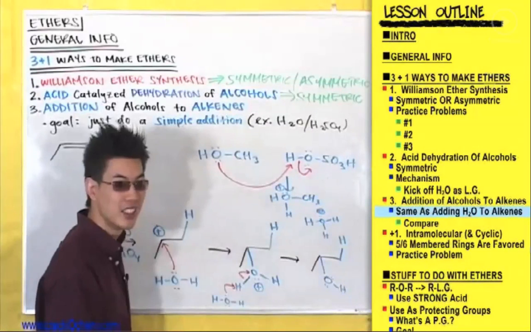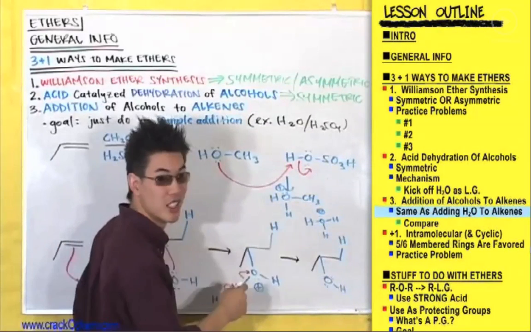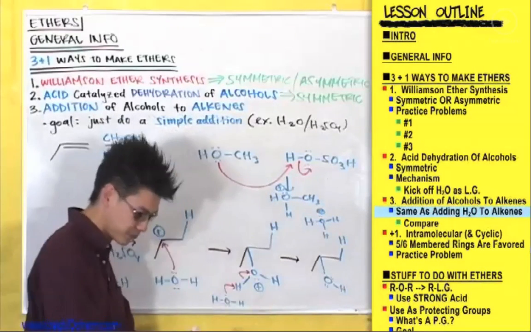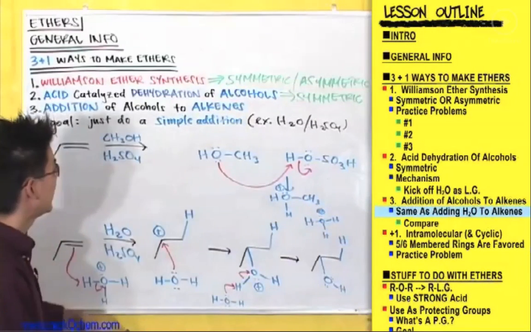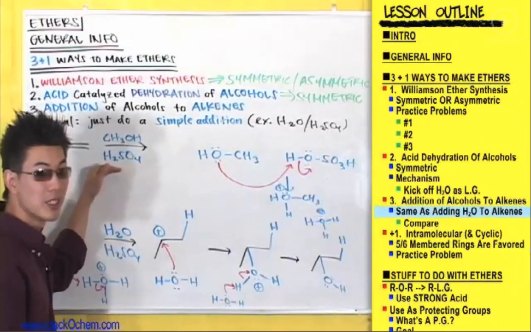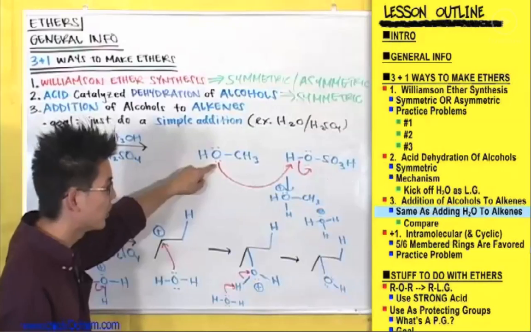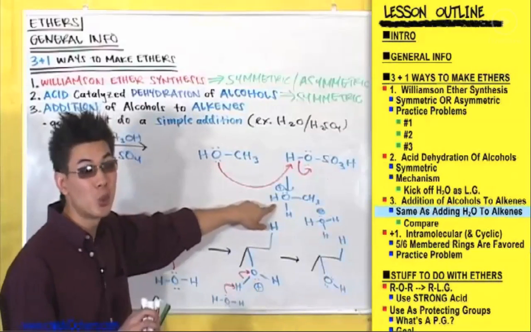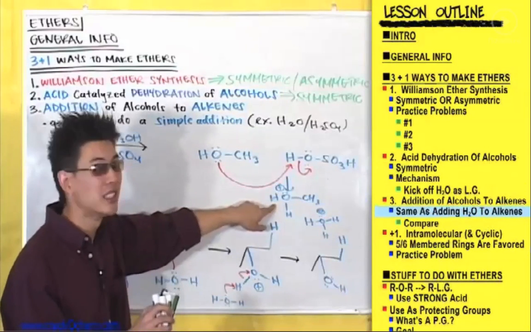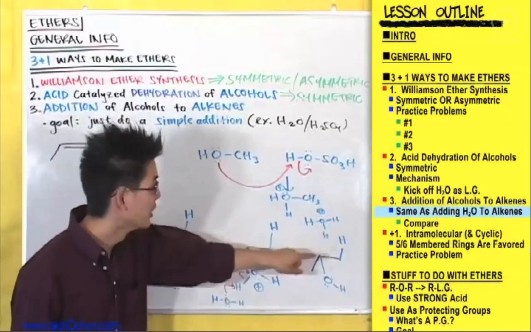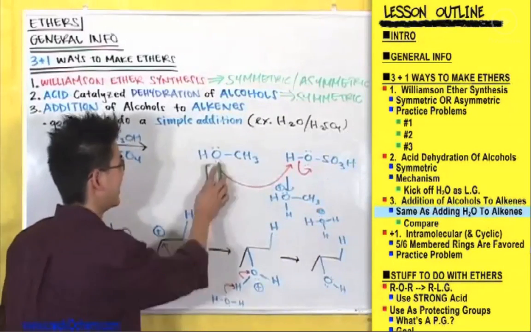The only difference here is that we've got a CH3 on this oxygen this time instead of having all hydrogens on that oxygen. Okay, so realize that when you take CH3OH and add it with some acid catalyst, some H2SO4, this is going to protonate this oxygen of the alcohol, turning it into sort of H3O+. Not really, it's going to turn it into a protonated alcohol, but that's very, very similar to H3O+, okay?